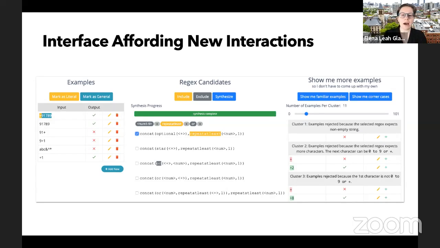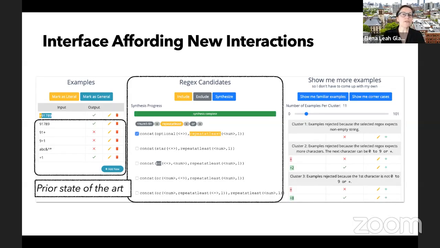Okay, so the prior state of the art here that's represented in this experimental interface is just providing examples, and also the regex candidates with this annotation feature. I didn't call it out specifically, but this is actually borrowed from Hila Peleg's work.